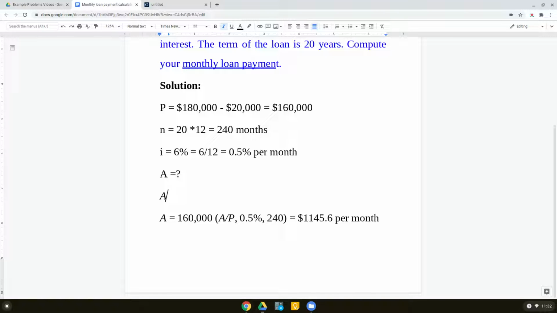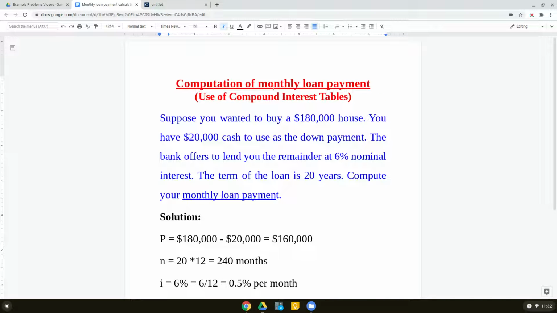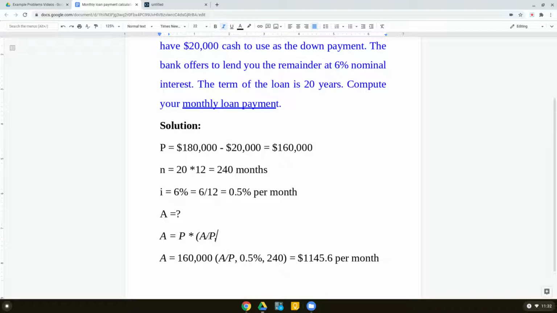So A is equal to, okay, what is given to us is P. So we take that and multiply that by the A given P factor. And this we can find in the compound interest tables. A given P factor, since P is given, and we want to calculate A. So that's the A given P factor at some interest rate and N, the number of payment periods.